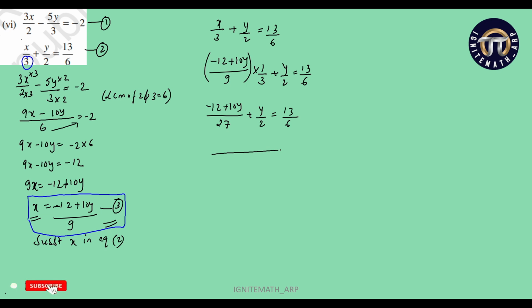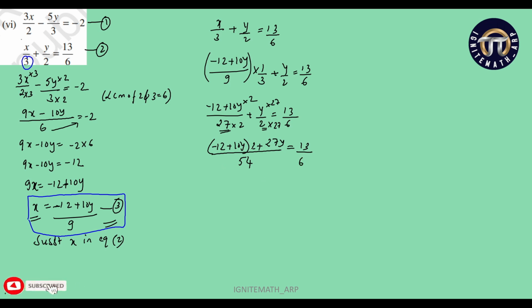So LCM is going to be 54. LCM of 27 and 2 is 54. So 27 2s are 54. This whole expression is to be multiplied by 2. I can write this one as minus 12 plus 10y multiplied by 2 plus, here this 2 is to be multiplied by 27 to get 54. Correct, children? So 27y is equal to 13 by 6.